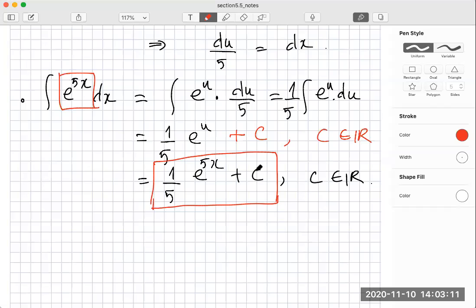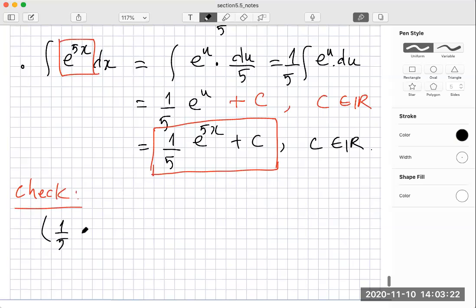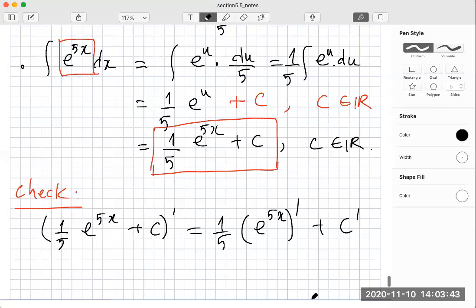Okay? Let us check it. Now we need to compute the derivative of 1/5 e to the 5x plus a constant. Derivative of a sum will be the sum of the derivatives, and the constant we can take out. Therefore, it will be the derivative of e to the 5x plus c prime.